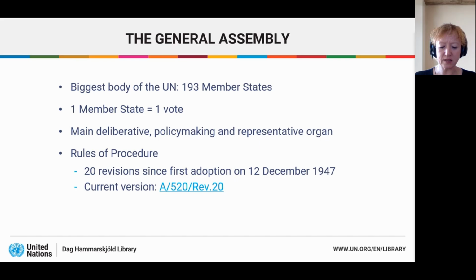It is governed by the rules of procedure. There have been 20 revisions since they were first adopted in December 47. We put in a link to the current version in the presentation that was shared with you.